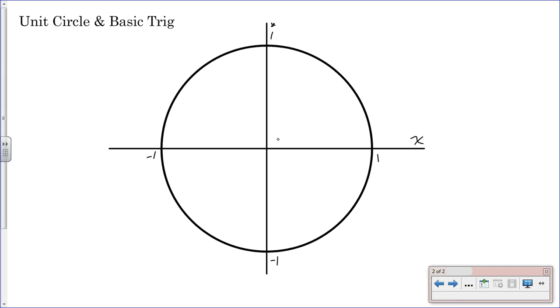Now, any given point on this circle will have an x and a y coordinate. So just like here, it's going to have an x and a y coordinate. All right, this is your angle. We'll call it alpha.